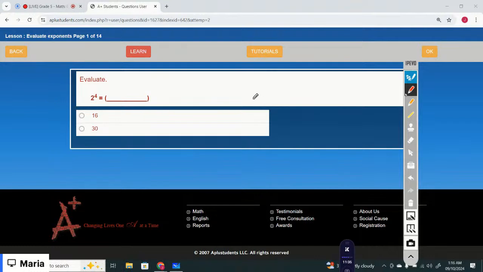Because the exponent is 4, you need to multiply 2 4 times. Got it? That is 2 times 2 times 2 times 2. Now you have to multiply them. 2 times 2 is 4. Keep the rest the same, right? Just make the pairs and multiply. 4 times 2 is 8 and 8 times 2 is 16. Got it? If any of you have a question with this one, please ask. I will explain again.